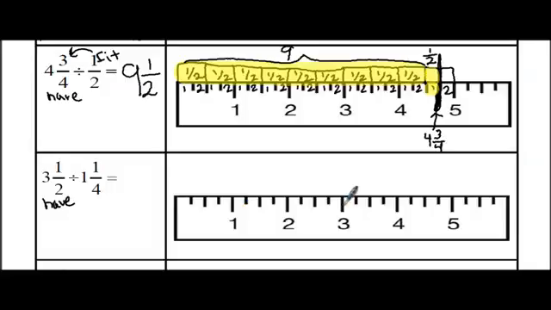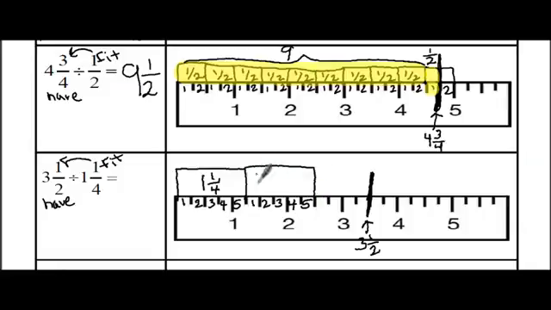3.5. So on here, it looks like 3.5 inches. So we're going to mark the 3.5 inch spot, and that's how much space we have. And we're trying to take 1.25 and see how many times it's going to fit into that 3.5. So I take 1.25 and I see that that's 5 spaces.